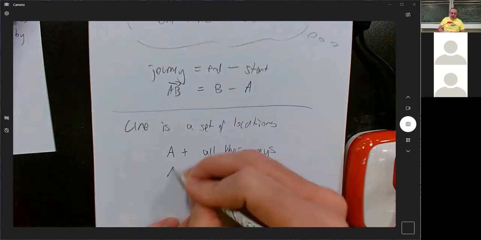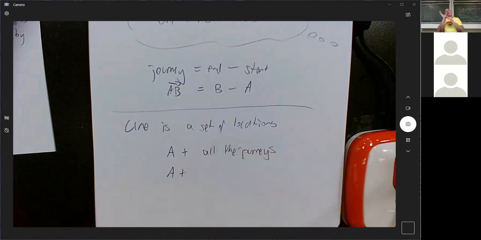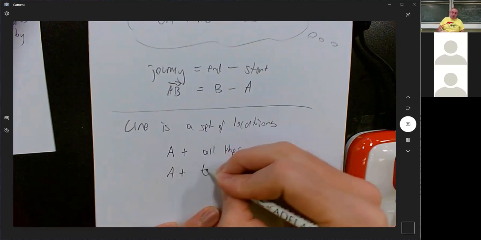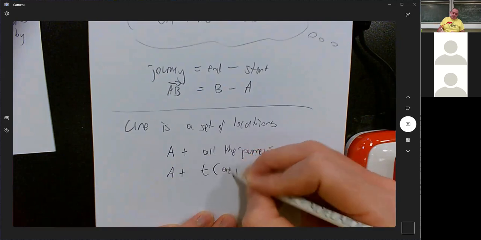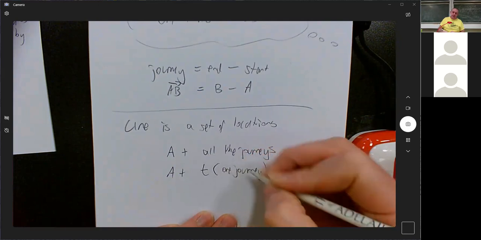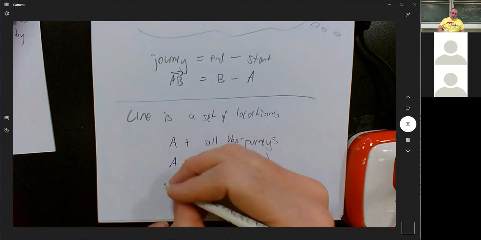And that would be A plus, and all these journeys are in parallel directions. They're all multiples of the same journey. And so that's how to make a line. All you need is a starting point and a direction to go. And they call this a direction vector.